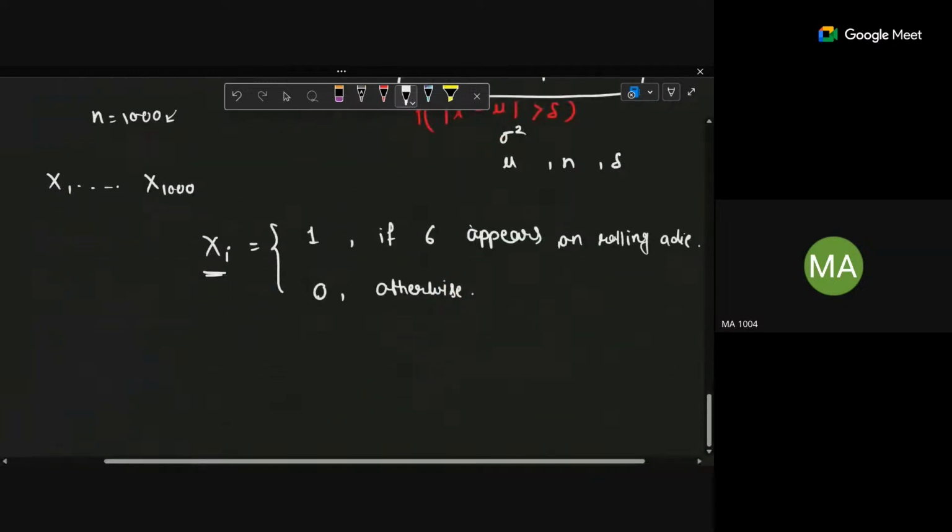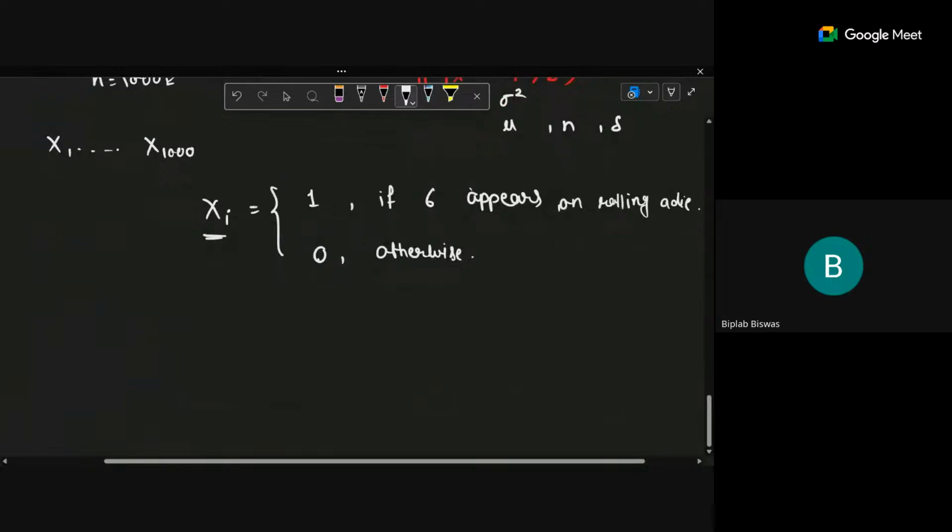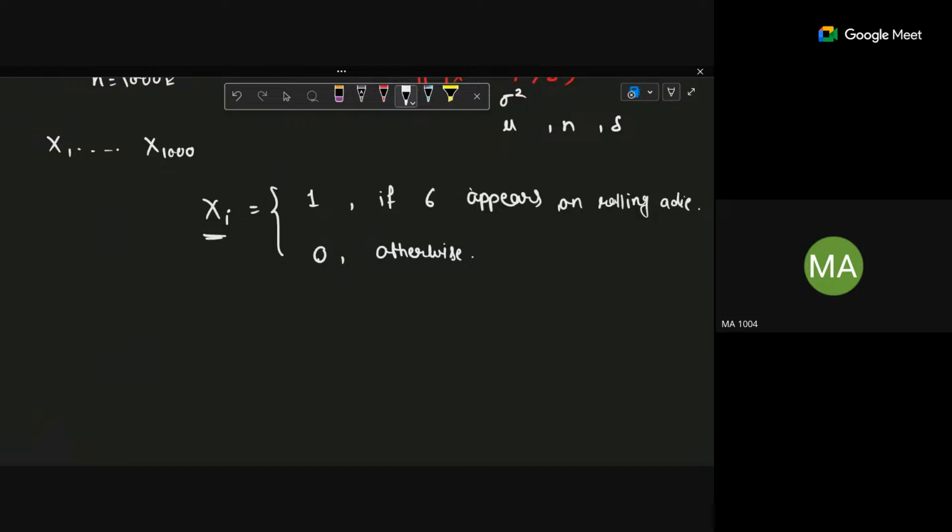They are independent, definitely, because it's a fair die. You roll the first time, and let's say it gave you 5. Then when you roll the second time, it's independent of what outcome you got the first time.